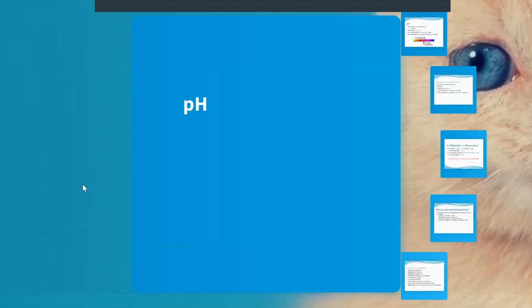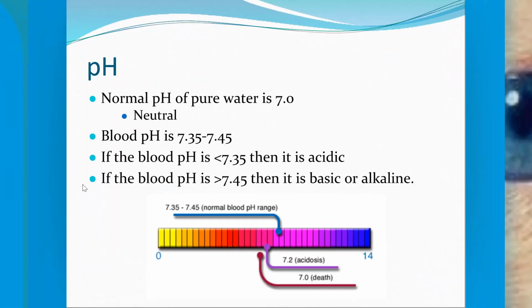So when we talk about pH, it affects multiple things. We're actually going to talk about it today within the blood, rather than urine. In the blood, a pure water pH is 7.0.